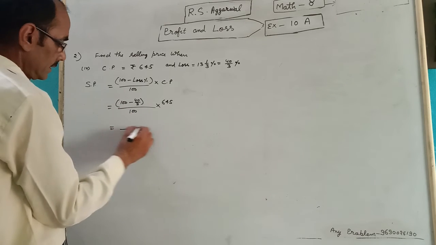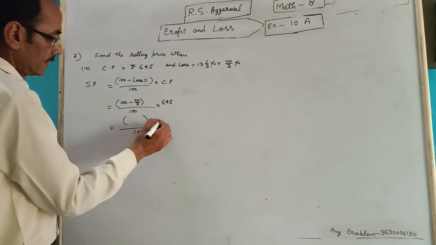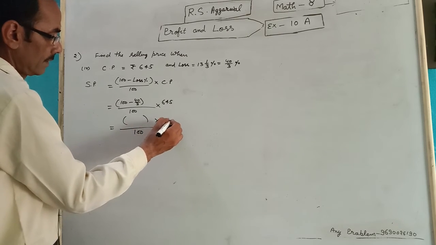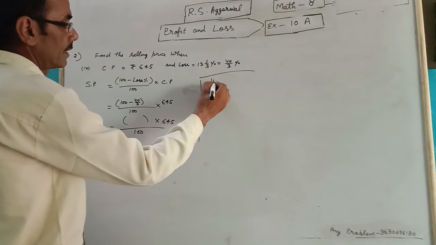After minus 100 and 645 it is same. You can solve this type.